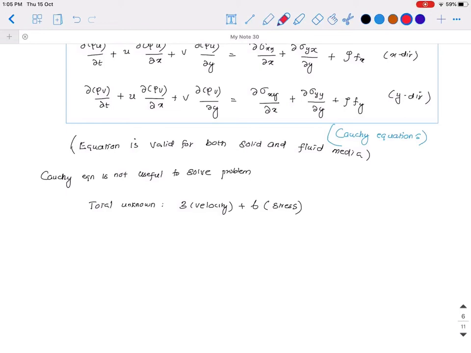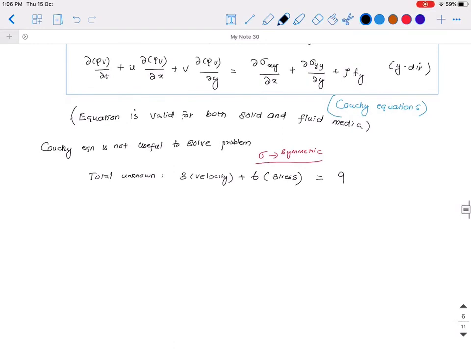Okay, so we get 6 because sigma is symmetric. I'm leaving out the reason for why sigma is symmetric. You will learn this in solid mechanics course. For now you just have to know that sigma is symmetric. Okay, so in total there will be 9 components. Since it is symmetric, we will have 6 unknowns. Okay, so there are total 9 unknowns in the equation.